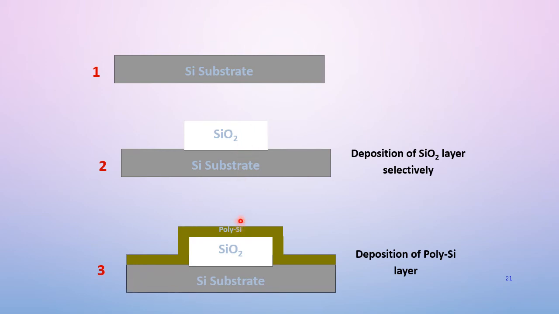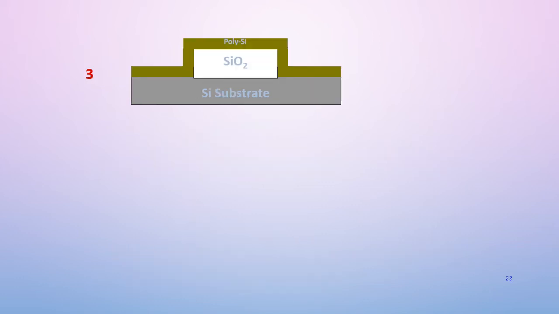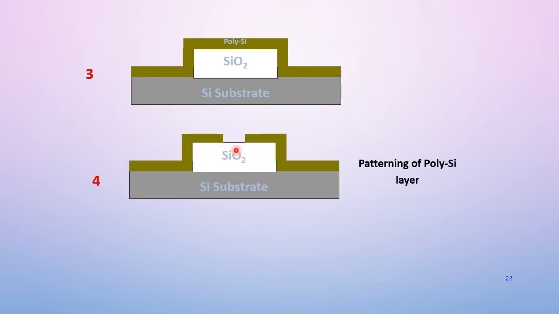And then there will be deposition of the polysilicon layer on top of the oxide layer, and then you will pattern the polysilicon, meaning that there will be a part where you are going to etch away.